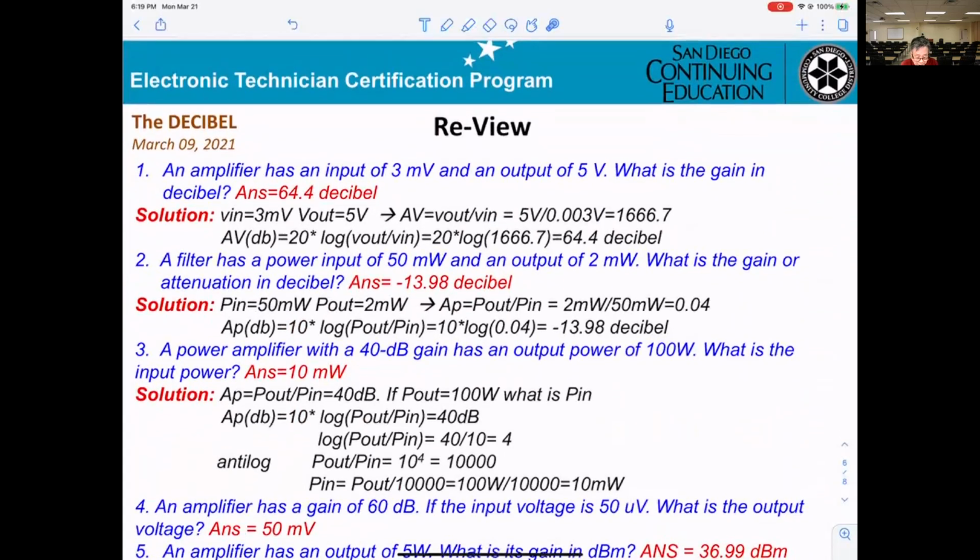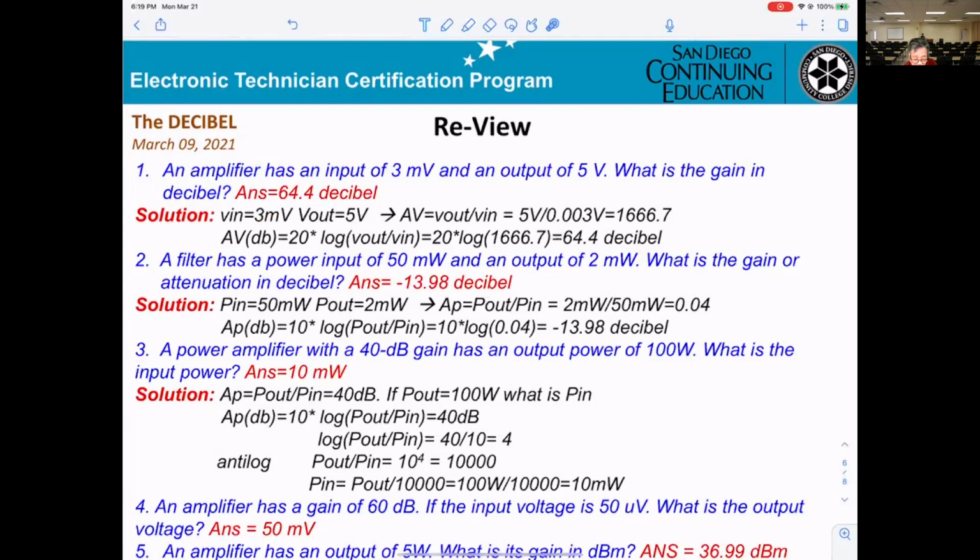Now, an amplifier has an input of 3 millivolt and an output of 5 volt. What is the gain in decibel? Okay, in here they already got the solution. I'll just quickly go through that, make sure you're able to follow it.